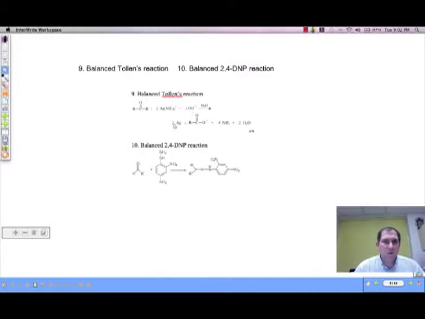What it produces is silver, or a silver mirror on the test tube, remember, and the aldehyde is oxidized to the carboxylate anion. We also produce ammonia and water in the process. This is a positive test, remember, for aldehyde. The bottom reaction is for aldehyde or ketone, where we have the 2,4-dinitrophenylhydrazine, and this forms something called a hydrazone.